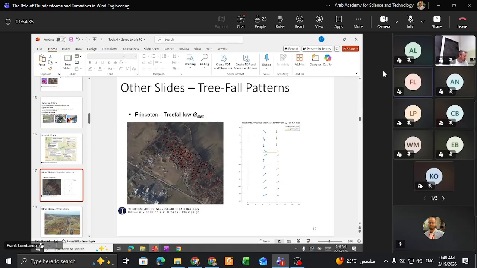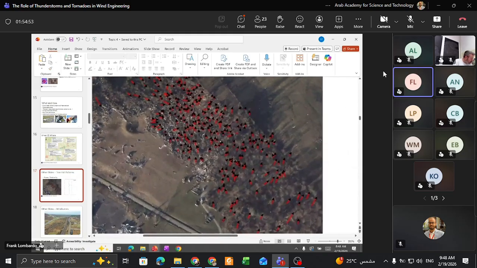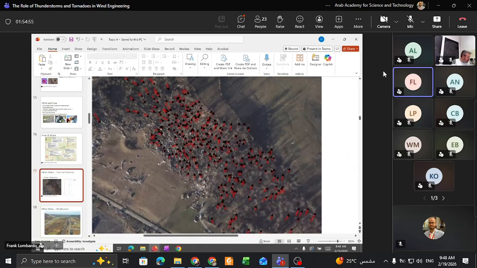Okay, we'll talk more about tree fall specifically. A lot of times after these events, there is aerial imagery left behind. You can use GIS or some other geographic software to draw the patterns of tree fall. It may be a little bit harder to see here. Let's see if we can zoom in. Those arrows point in the direction that the tree fell.